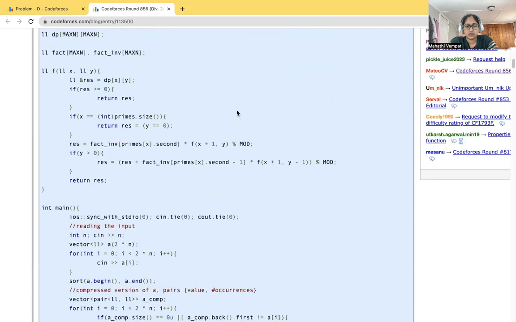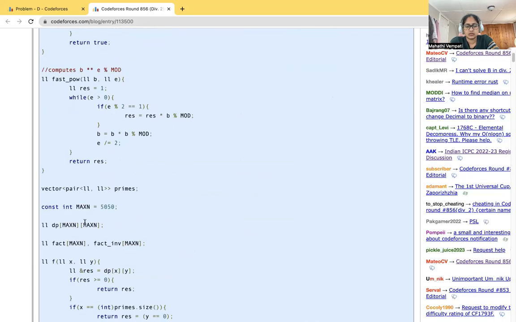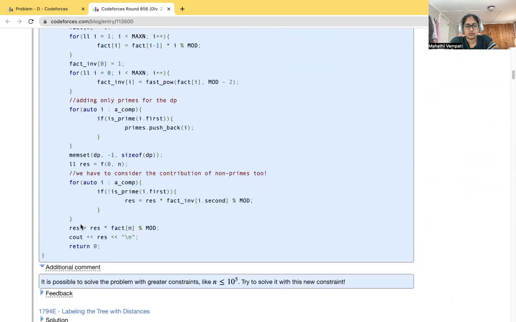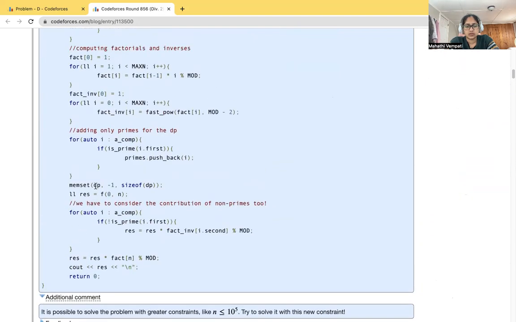DP was initialized right here. I actually don't know the syntax of memset.